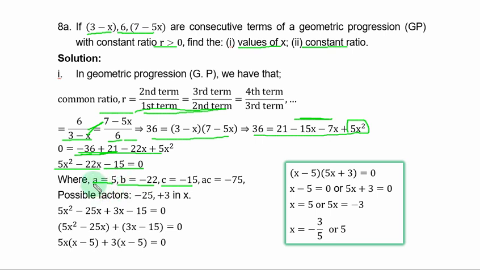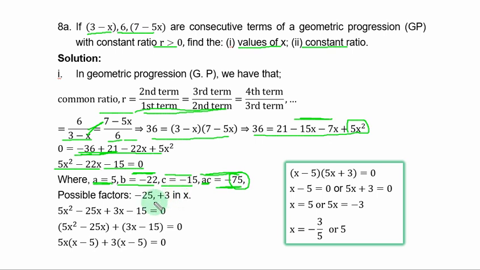Whenever a is not equal to 1, we always get ac, and ac is 5 times minus 15, and that is minus 75. By this, your attention has shifted from c equal to minus 15 to ac equal to minus 75. You look for 2 factors of 75 whose sum is minus 22 and the product is minus 75.